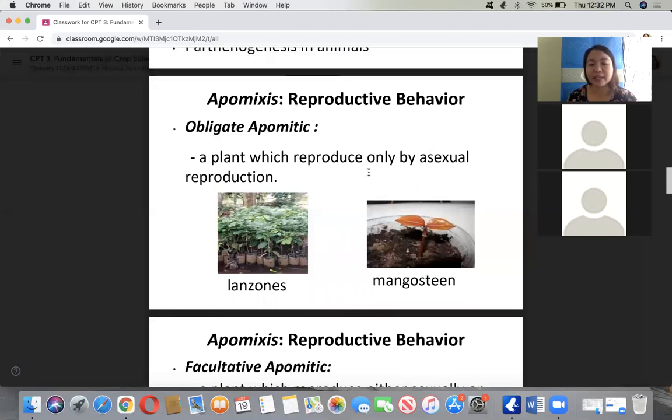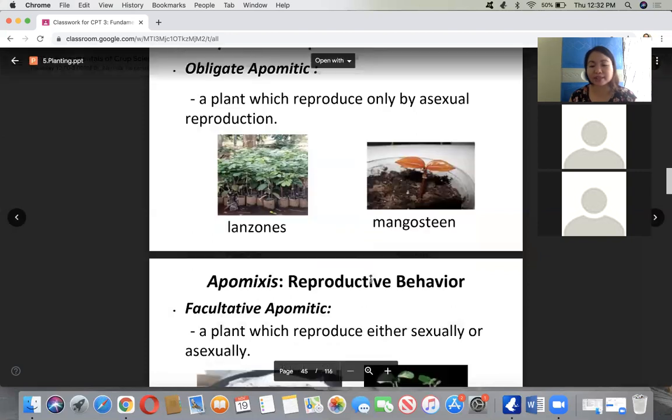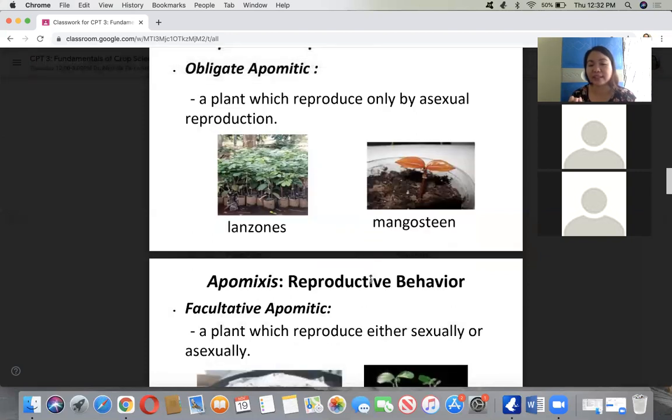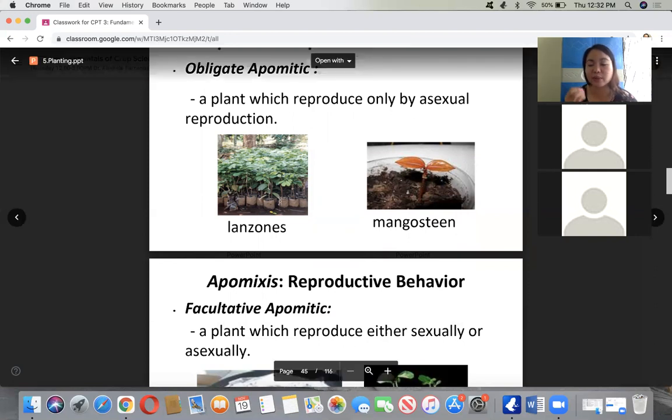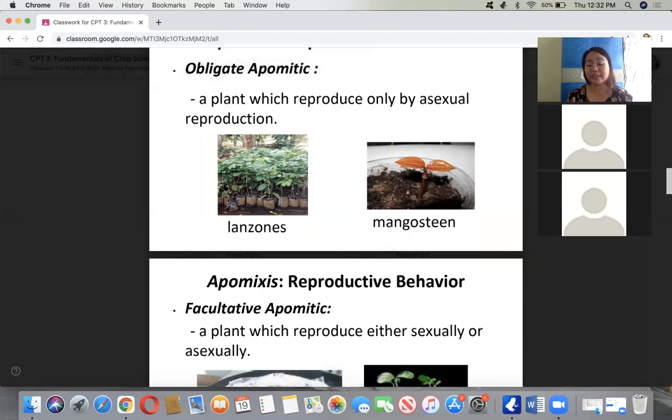They reproduce therefore by asexual reproduction. So meron silang nuclear tissue in the seed. So that's why sometimes in a mangosteen, merong dalawang tutubo as well as lanzones. In one seed, dalawa ang tutubo na seedlings niyan.